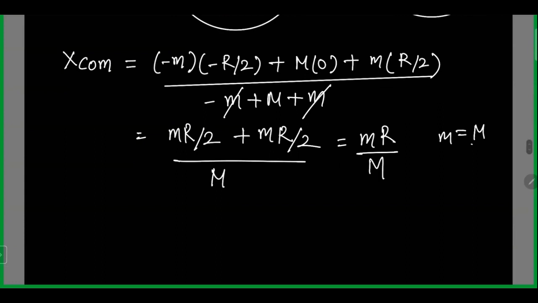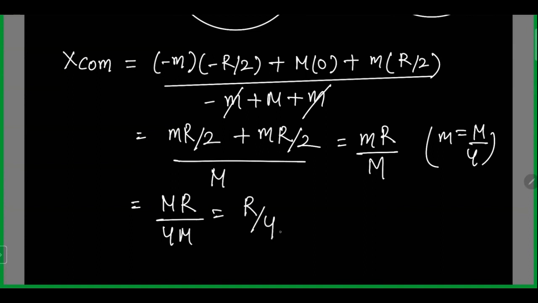Small m was capital M by 4. We already calculated this. So if I put values, I will get r by 4 as my center of mass.